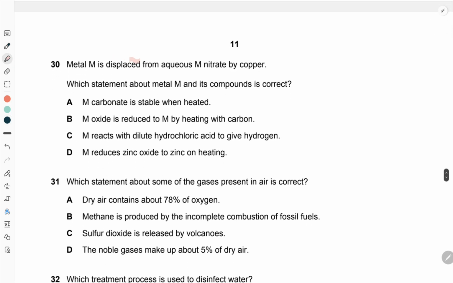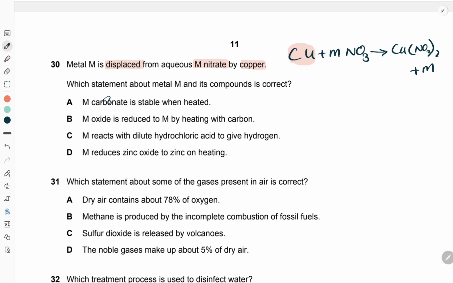Metal M is displaced from aqueous M nitrate by copper. So copper actually displaces M and forms copper nitrate, which means copper is more reactive than M, and M is present below copper in the reactivity series, right?